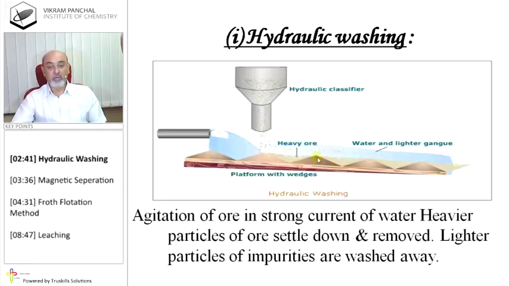Along with the flow of water, lighter particles will be washed away, but heavy particles will settle on this platform along the edges, and these wedges will try to hold these metals. These are heavy metals or ores.